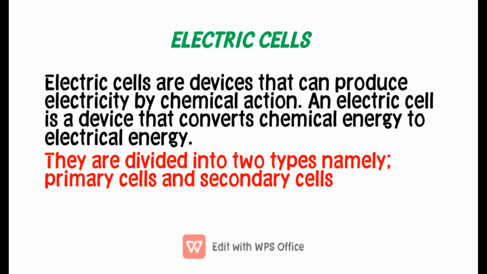So if we say a dry cell, that means it's one. But if we join them, then they call them a battery. Though for us, we call everything that is called a cell, we also call it a battery, but that is the difference between the two.